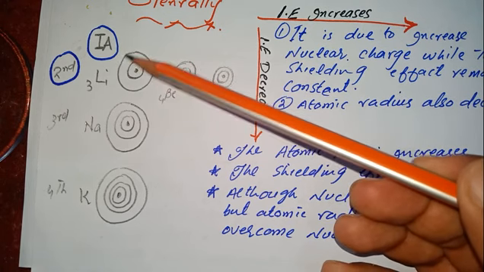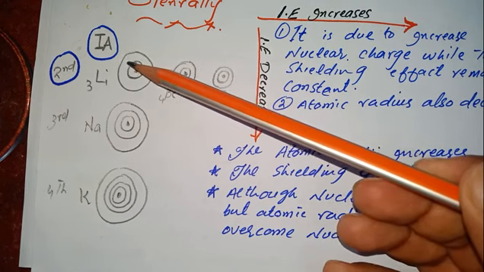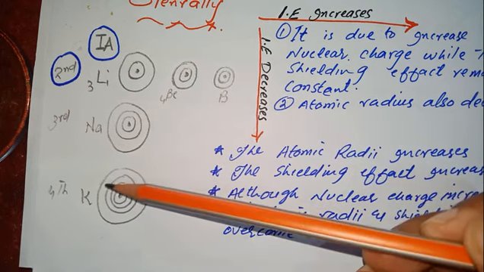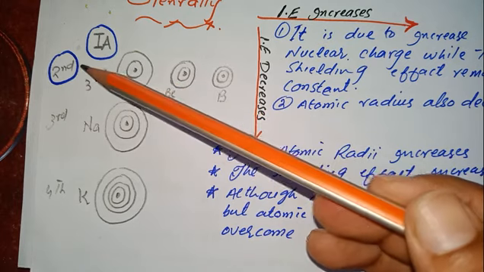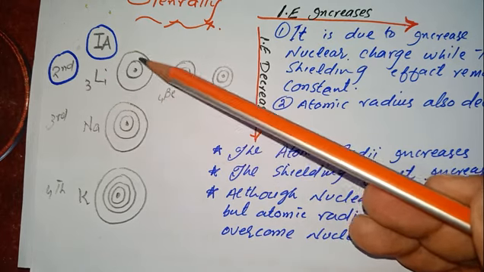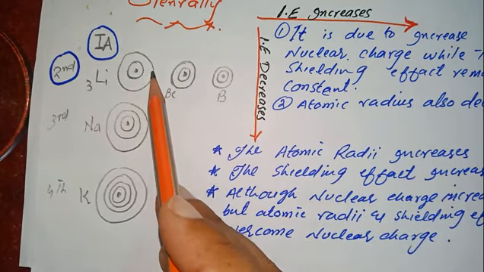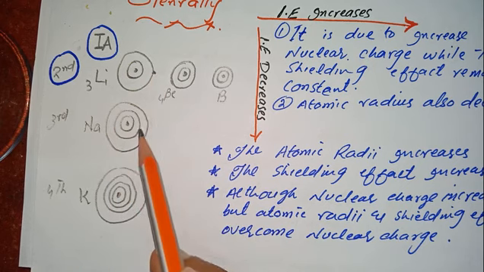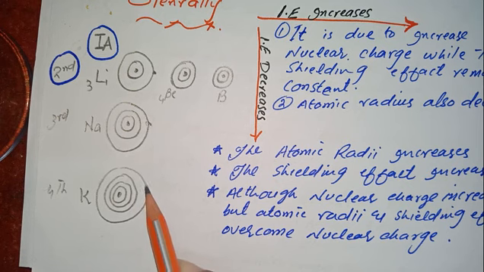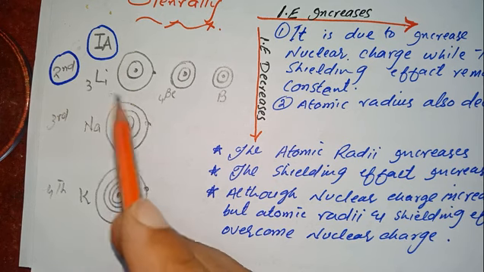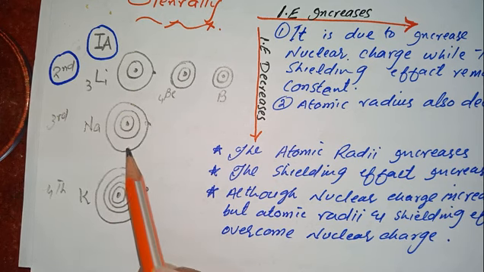As we mentioned earlier, ionization energy decreases as we move from top to bottom in a particular group. We are discussing group 1A. Lithium has 2 electronic shells. The valence electron of lithium is in the second shell. The valence electron of sodium is in the third shell. And the valence electron of potassium is in the fourth shell. As we move from top to bottom, electronic shells gradually increase.